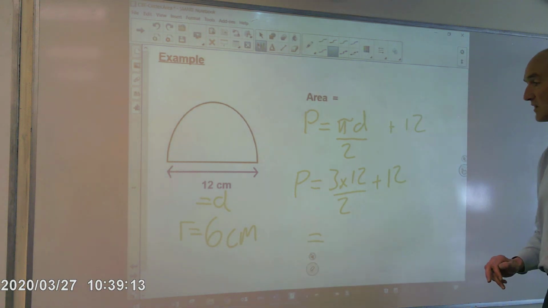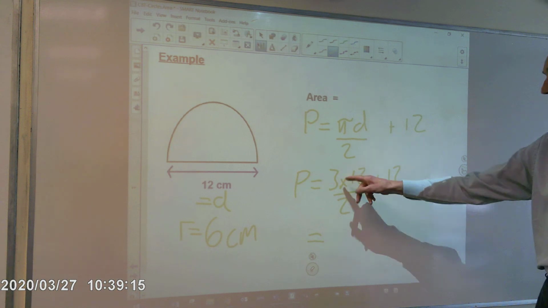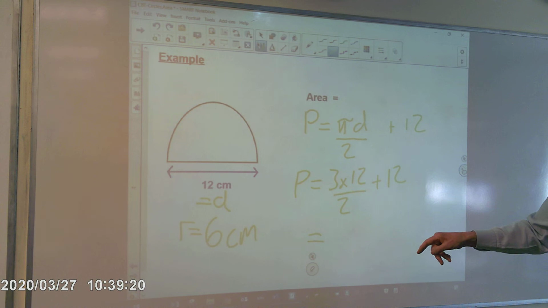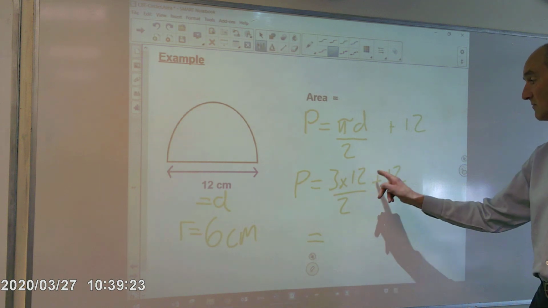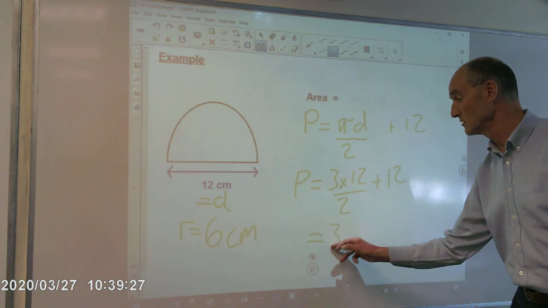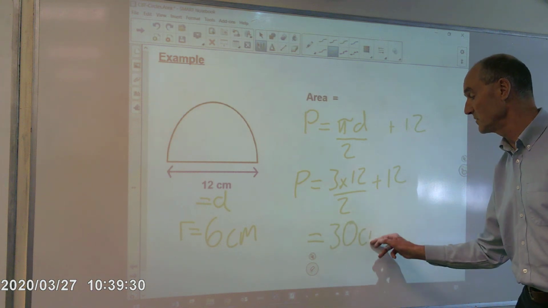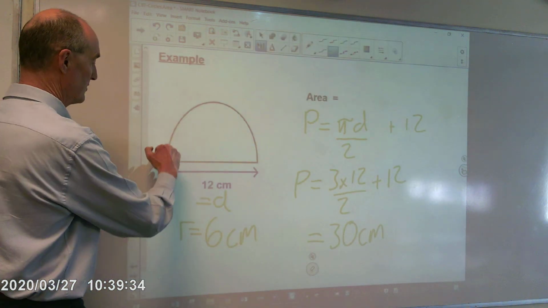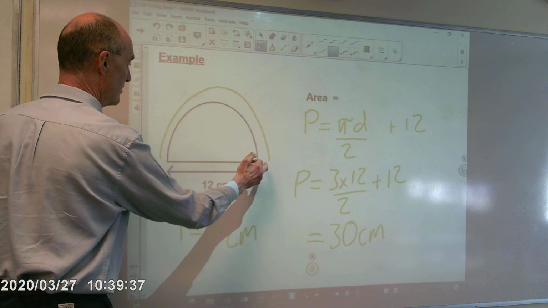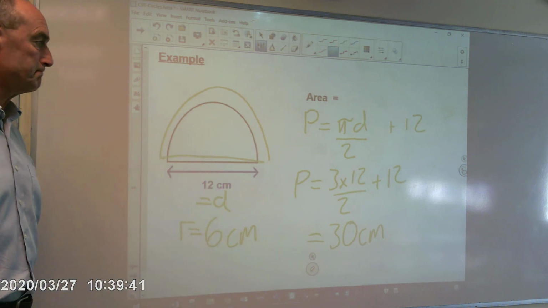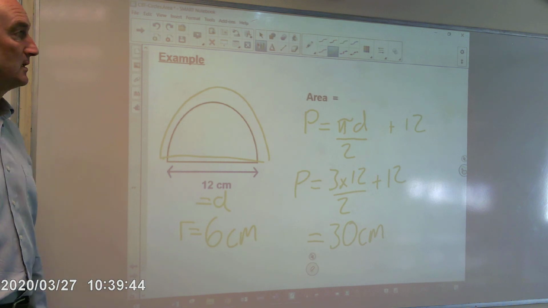So what does that give us in total? 3 times 12 is 36. 36 divided by 2 gives us 18 plus 12. 18 plus 12 gives us 30 centimetres for the perimeter of the whole shape. So the perimeter of the whole shape is that curved length plus the straight length.